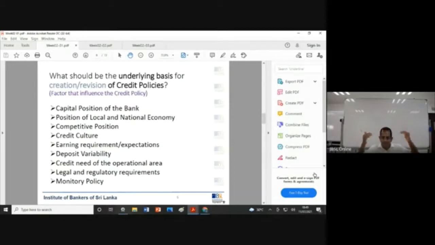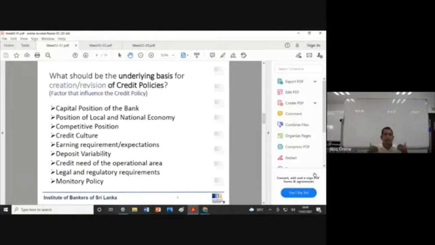So we will have to come down slightly and accommodate moderate risk. So based on the national economy, we will need to look at. If everything goes bad, again we will have to run back and say, no, sorry, we are not putting our money in a bad economy. So it is a give and take.